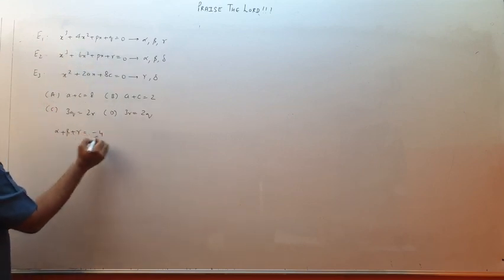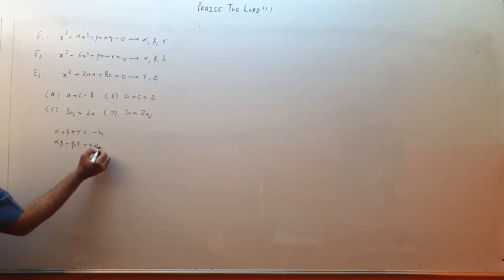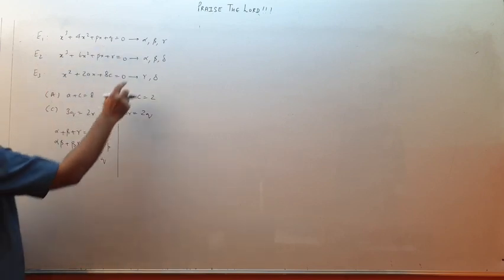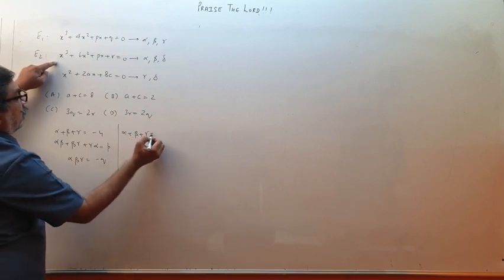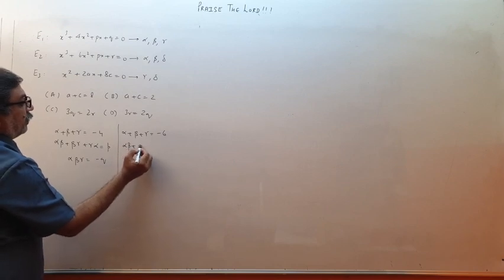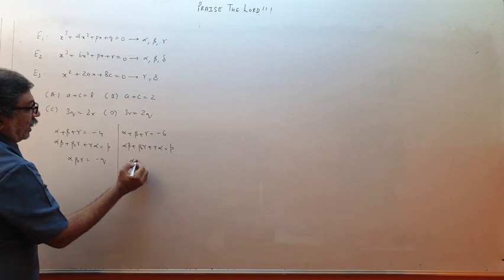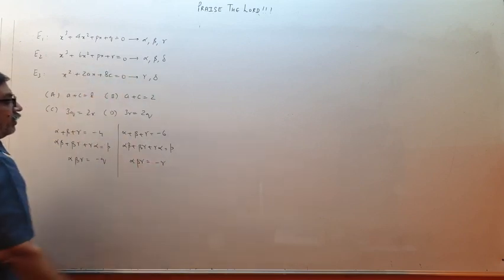Alpha beta plus beta gamma plus gamma alpha will be p, and alpha beta gamma will be minus q. From the second equation, alpha plus beta plus gamma will be minus 6. Alpha beta plus beta gamma plus gamma alpha will be p, and alpha beta gamma will be minus r.